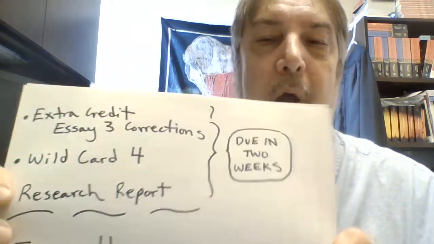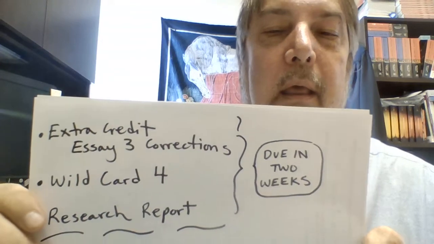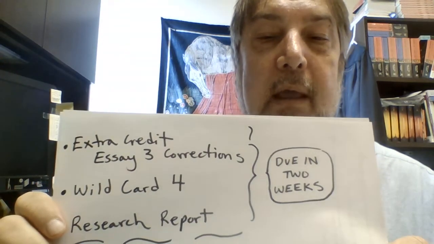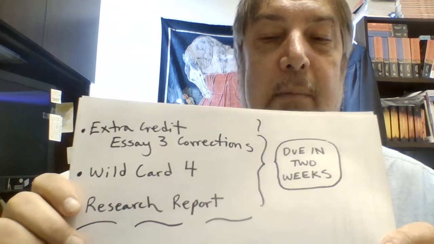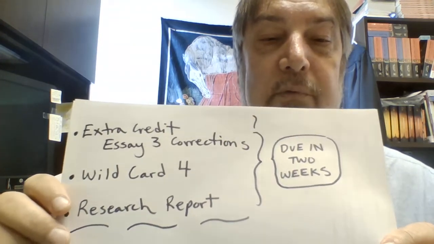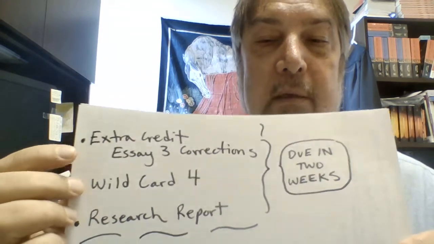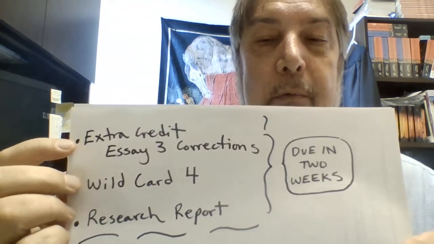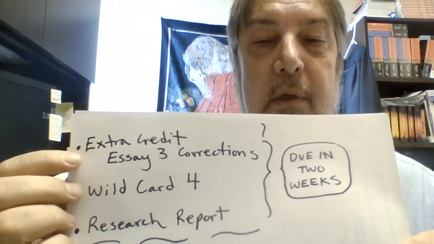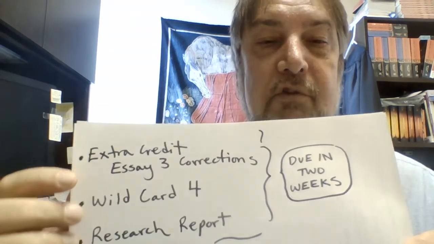By now you probably have your Essay 3 comments and grades already back. If not, sometime soon here, you'll be getting those. So in 2 weeks, you'll have the opportunity to turn in for extra credit your Essay 3 corrections, and that will just be a list.